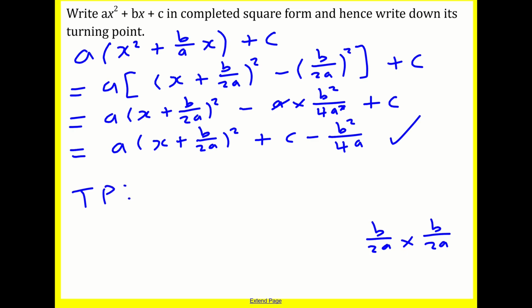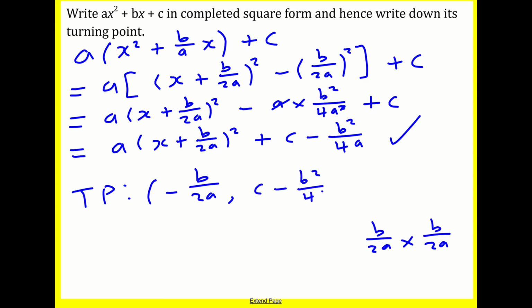If A is greater than 0, then it's going to be a minimum because you get a smiley quadratic. And if A is less than 0, it's going to be a maximum because we'll have a sad quadratic. But in either case, the turning point is going to be minus B over 2A, C minus B squared over 4A.